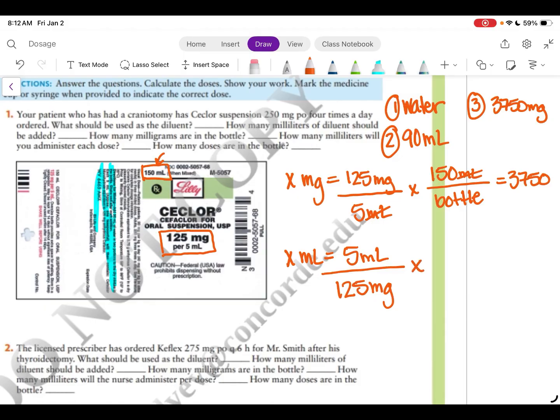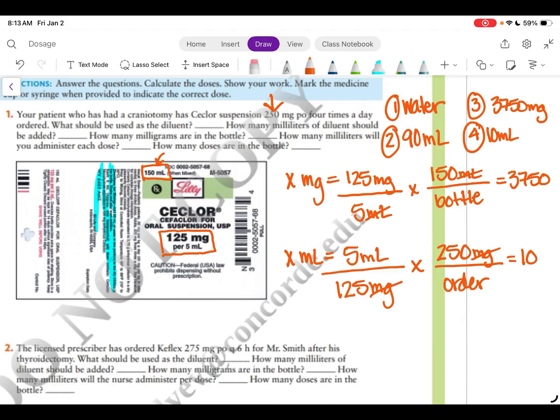And then back in our question, right, our order was 250 milligrams. So our milligrams will cancel out, giving our milliliters for our order. So I'm going to do 5 times 250 and then divide by 125, and I get 10. Right? So 10 milliliters will be our answer to that fourth question.